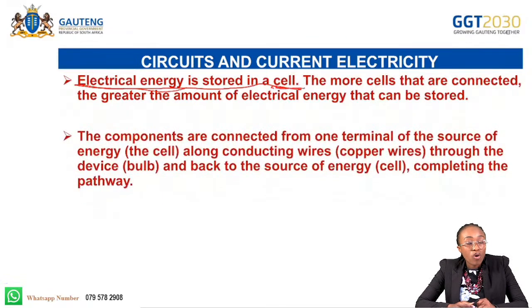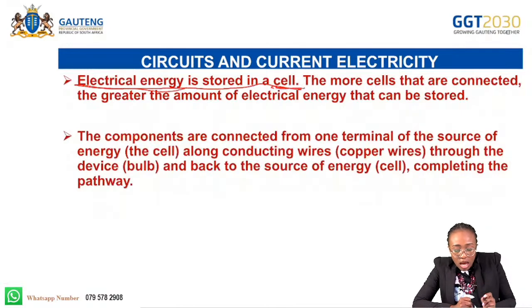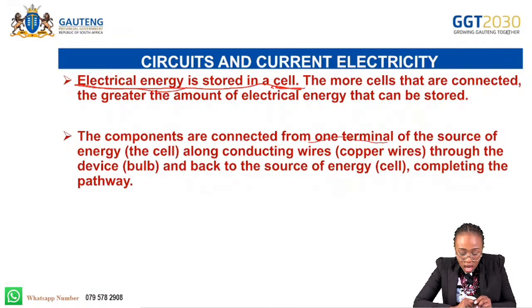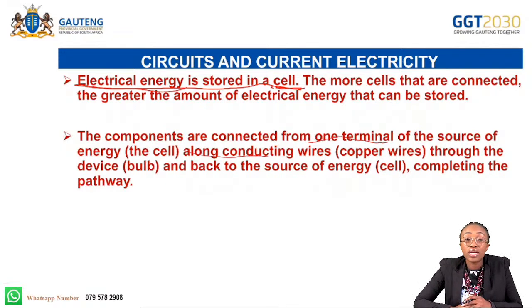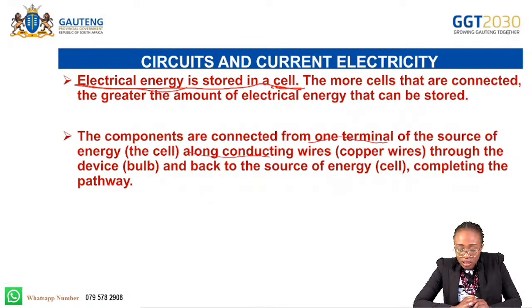We have other components that we find within a simple circuit, and they are all connected from one terminal of the source of energy along conducting wires. Like we said, we usually use copper wires because copper is a very good conductor of electricity.